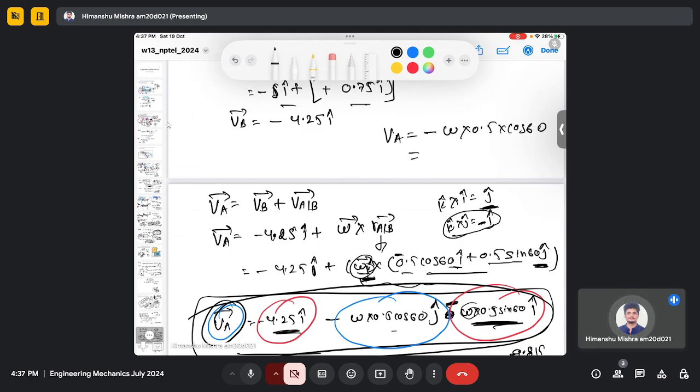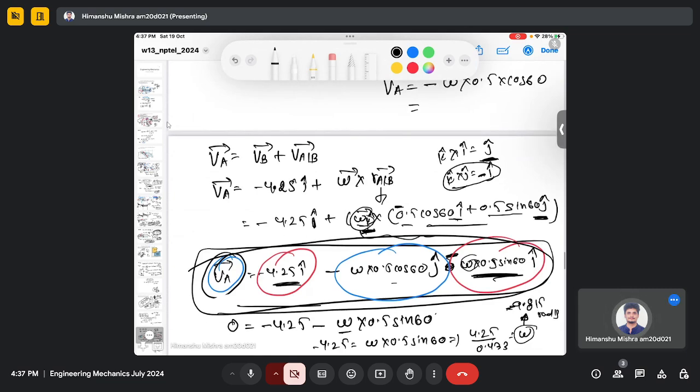So omega is minus 9.815, so it will be 9.815 multiplied by 0.5 multiplied by cos 60. So your VA will be 2.45 meter per second. This is the required velocity we need to find.